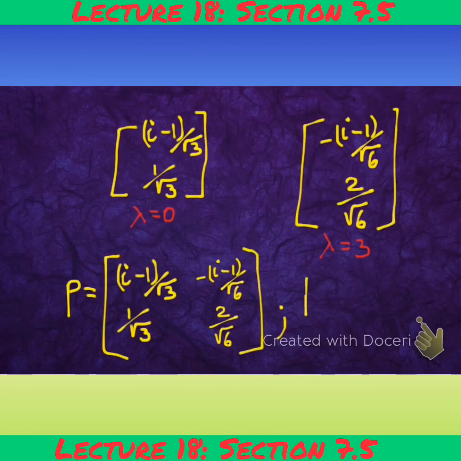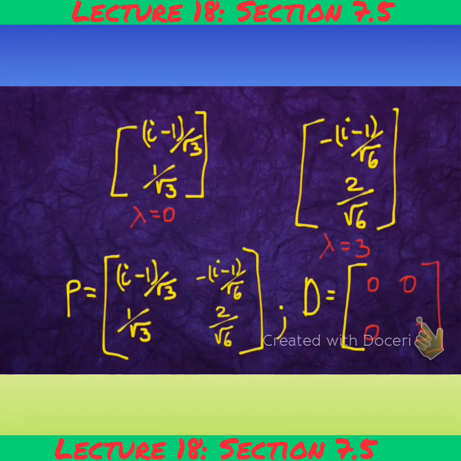The diagonal matrix is going to be the one with the eigenvalues. So it's going to be the first eigenvalue corresponding to the first column, and the second eigenvalue corresponding to the second column, and we have our diagonal matrix.